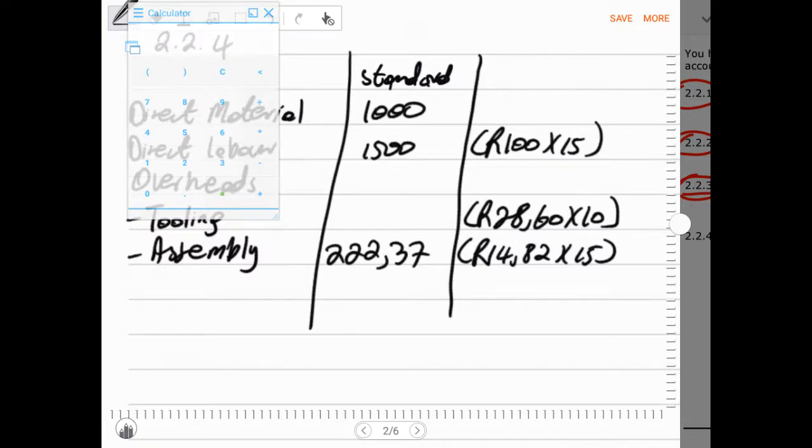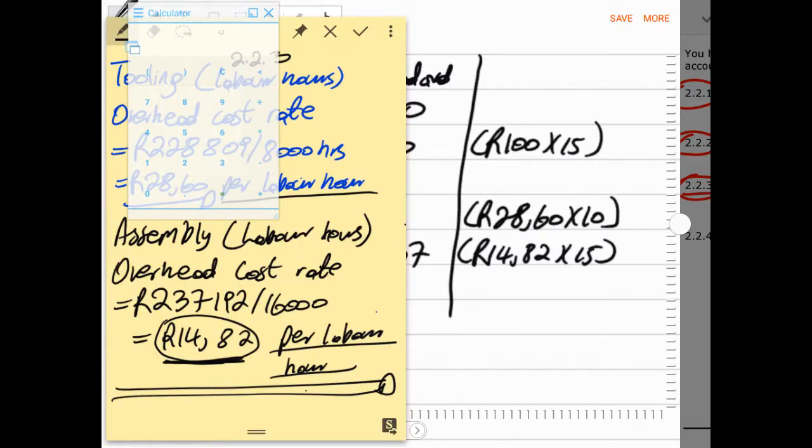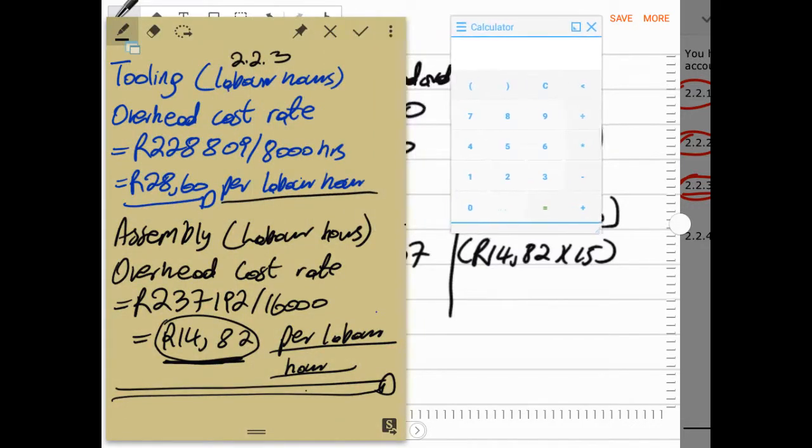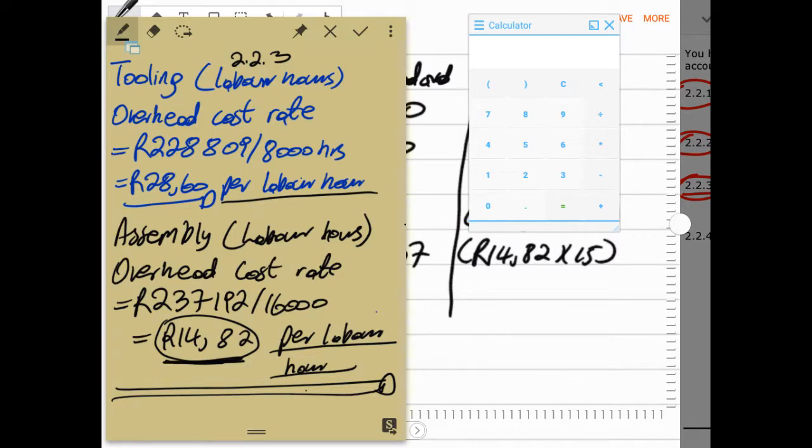Then the next one, we go to the first calculation. The first calculation of the overhead rate in the tooling department, we said 228,809 divided by 8,000.